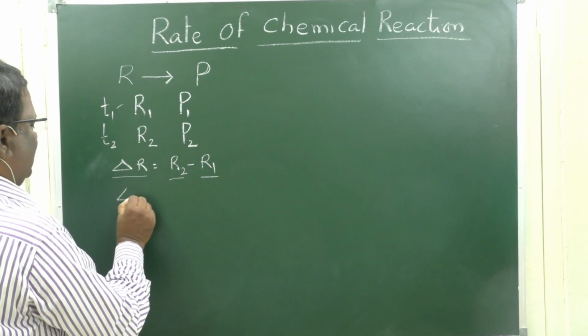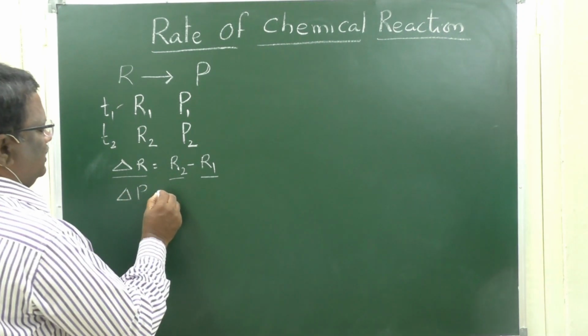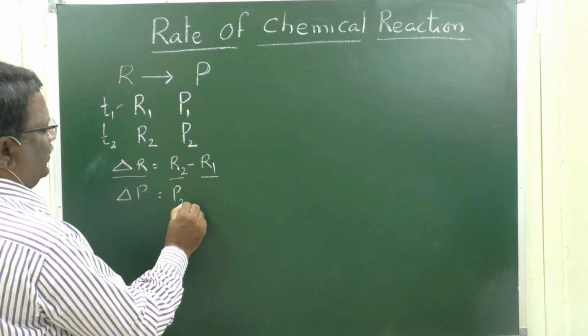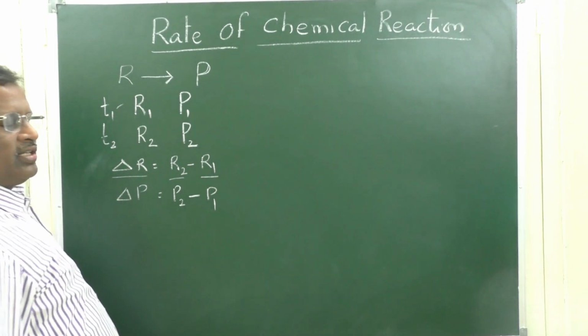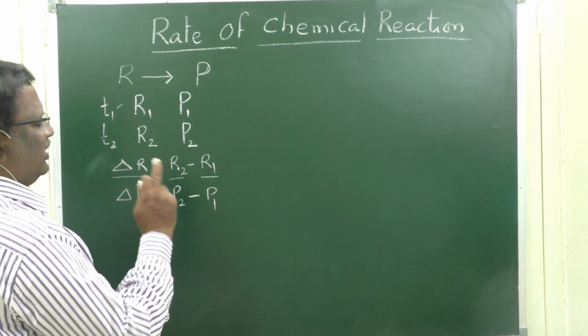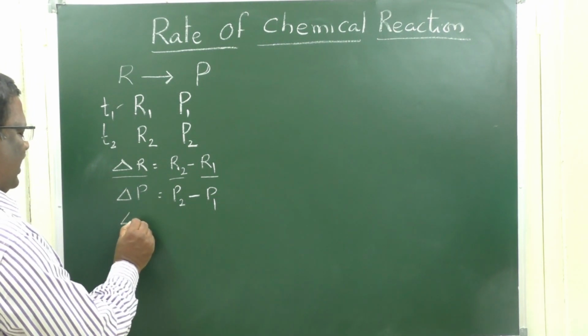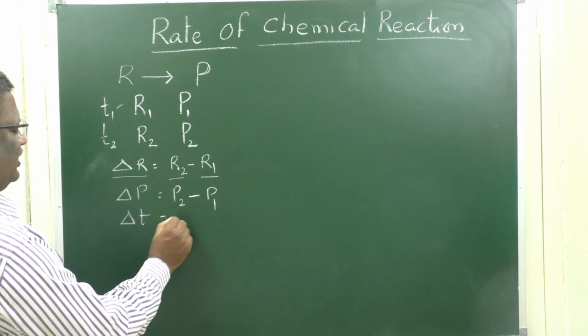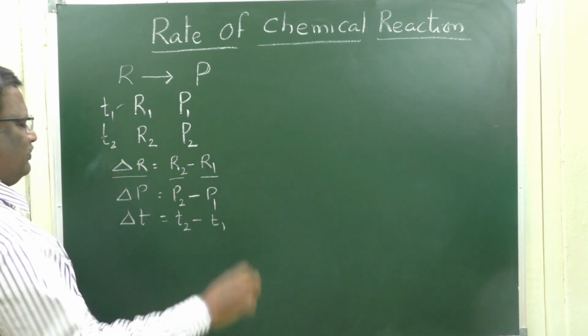Whereas delta P, the change in the concentration of product, is P2 minus P1. P2 is the final concentration and P1 is the initial concentration. And the duration of the reaction, delta T, is T2 minus T1.